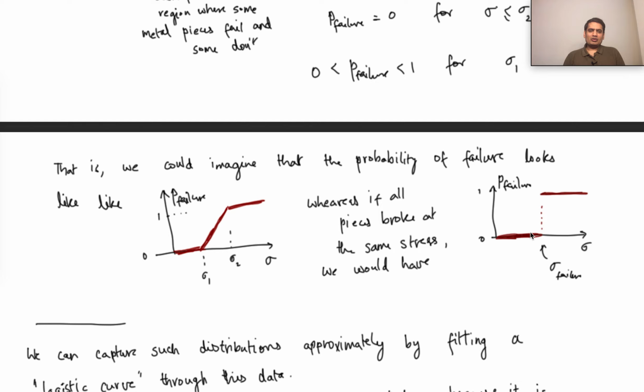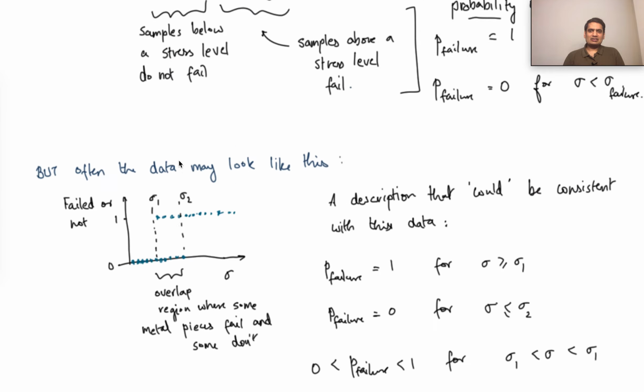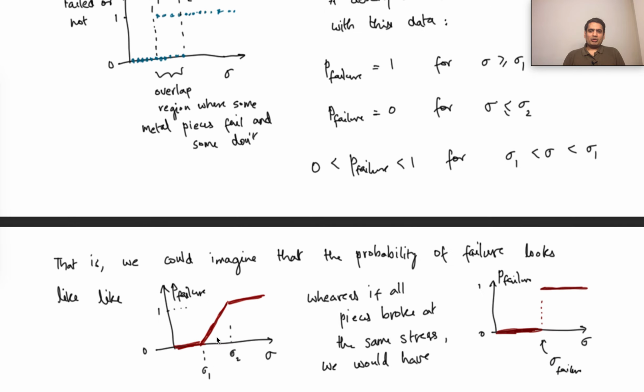Okay, so that's the difference between these two kinds of data sets, where this linear thing has been replaced by a sudden jump if all the materials break at exactly the same stress level.